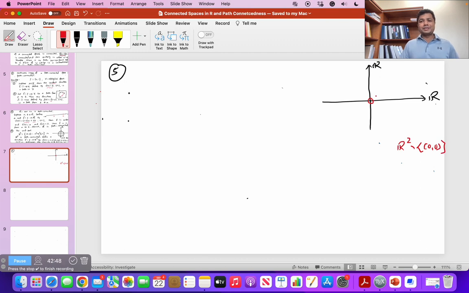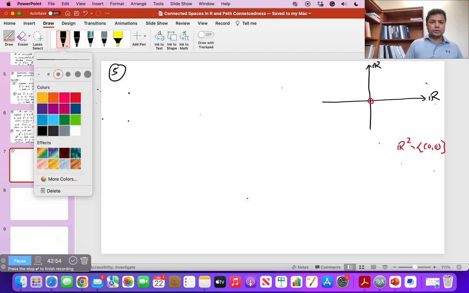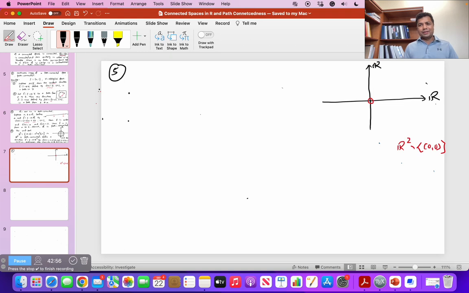This plane is called the punctured plane. Basically we are just removing the origin from R2. If you remove the origin from R2, that is called the punctured plane. You can also remove the origin from a three-dimensional space, and so on, but here we are just considering the punctured plane.